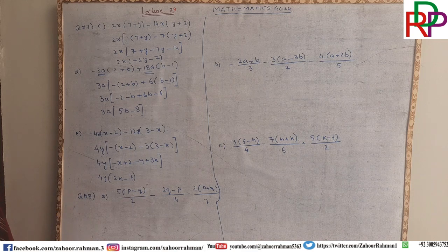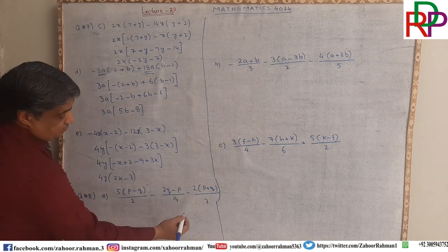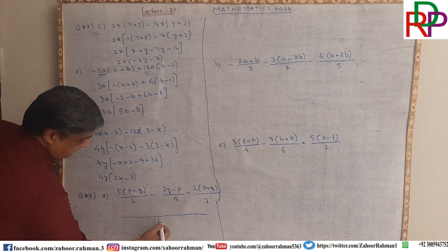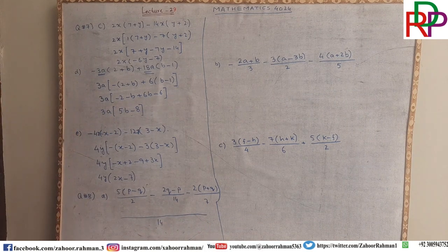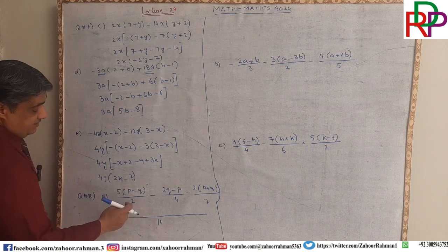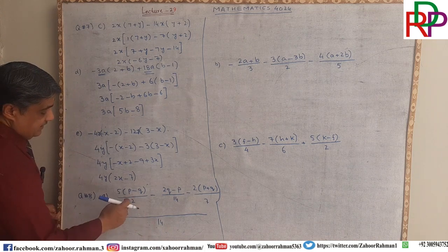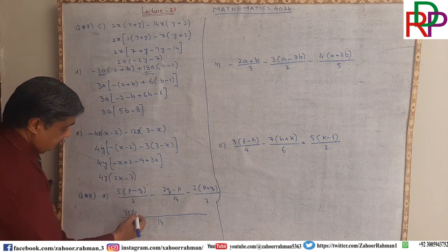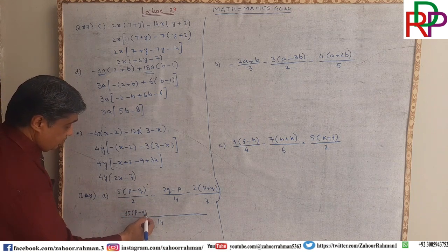Okay, now we are turning our focus to question number 8, and it is saying express each of the following as a fraction in its simplest form. So we are taking the LCM as 14. When we are dividing this 14 by 2, it will give us 7, and 7 5s are 35, and p minus q.